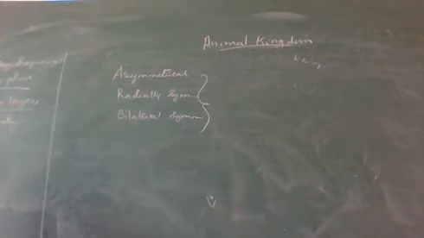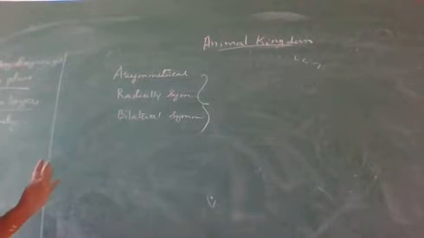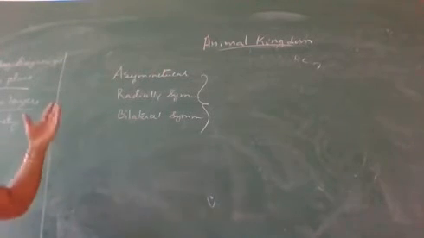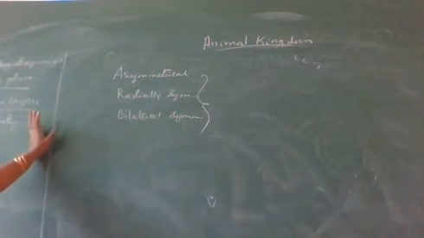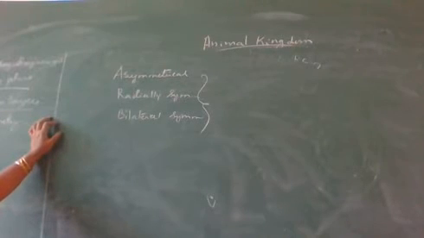Asymmetrical animals are those where the plane of division passes through the center but does not give equal halves. It is irregular in shape.